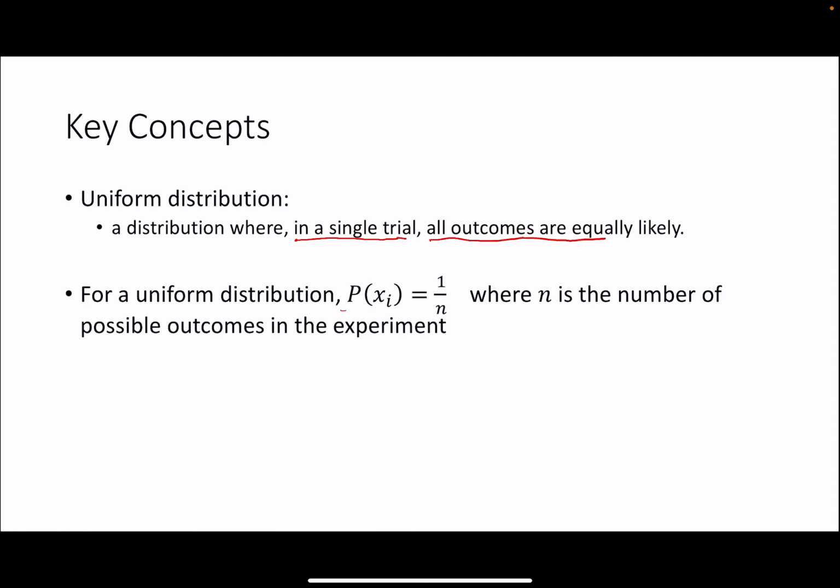That would be an example of P(x_i). P(x1) would be heads, right? It would be equal to 1 over 2 possible outcomes.